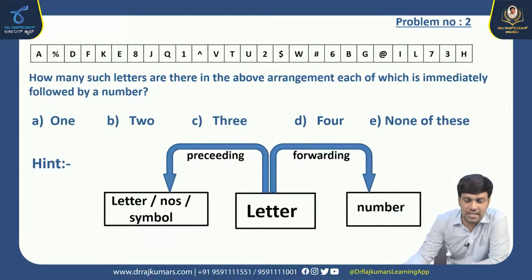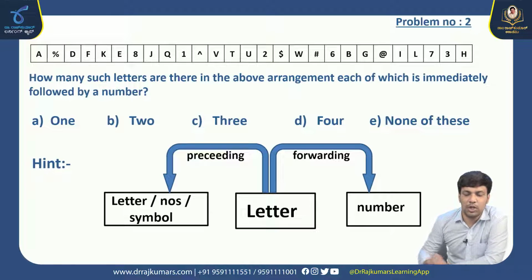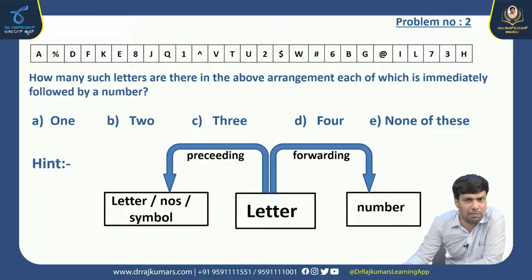How many such letters are there in the above arrangement, each of which is immediately followed by a number? Options are 1, 2, 3, 4 and none of these. Here we need to search for the letter which meets the above condition. We have to search for the letter in such a way that it should be immediately followed by a number, but we don't have any condition for preceding.